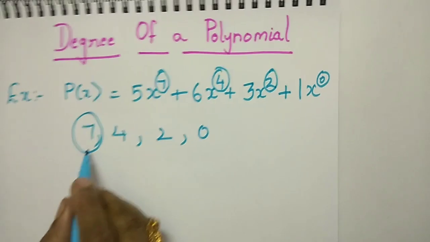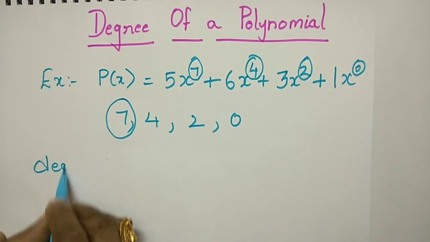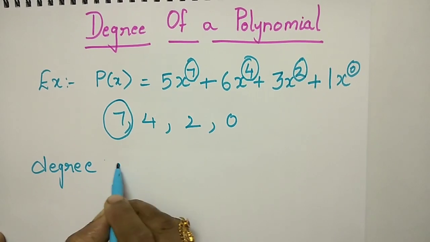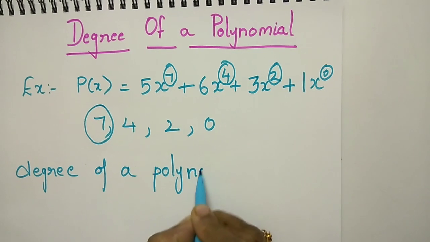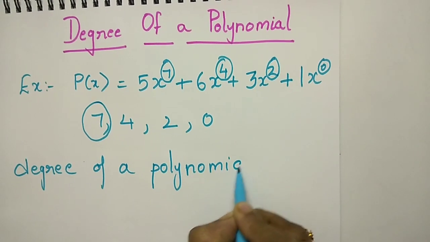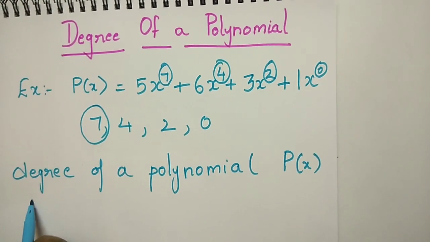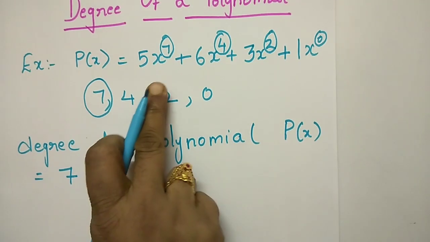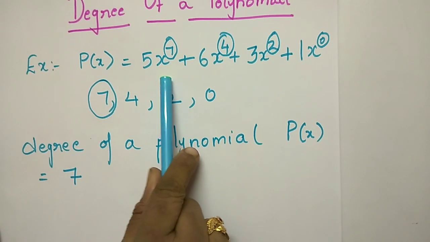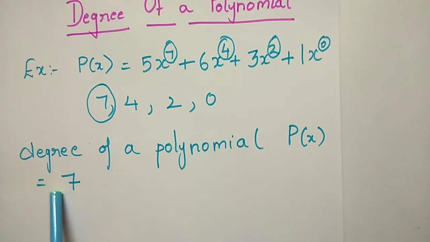Then this is nothing but the degree of the polynomial. Degree of P of x equals 7. 7 is nothing but the highest power of the variable x. Where is the 7?